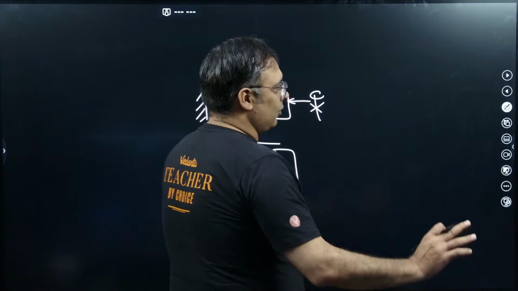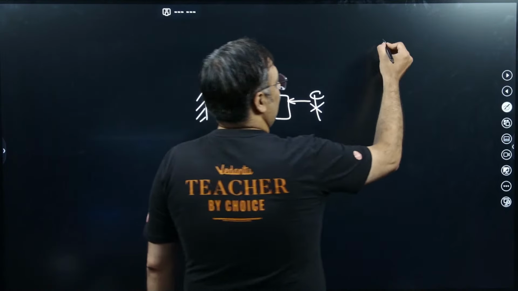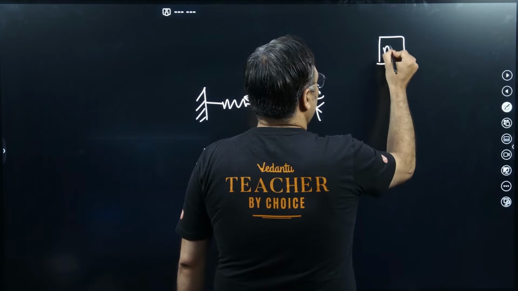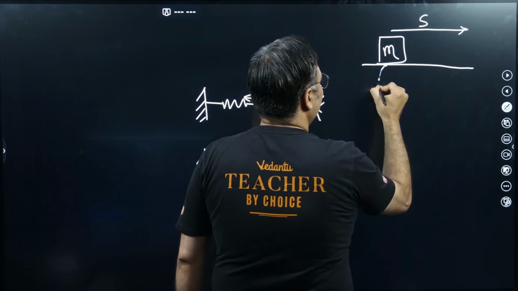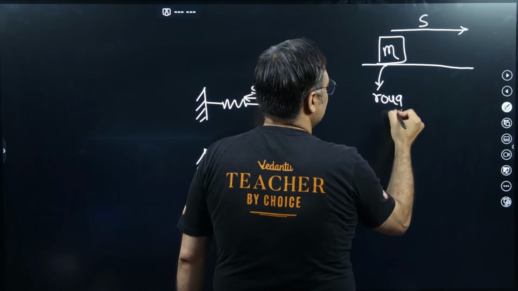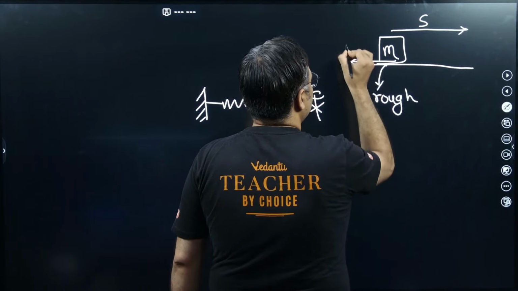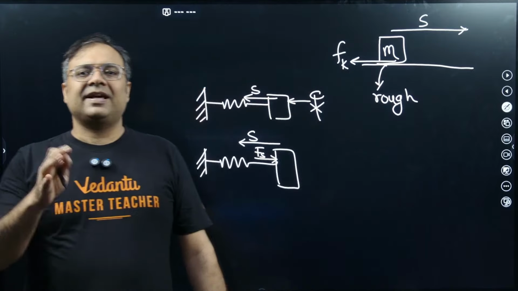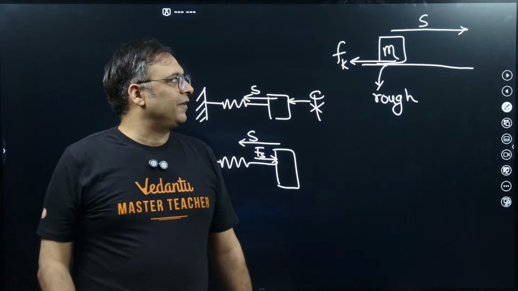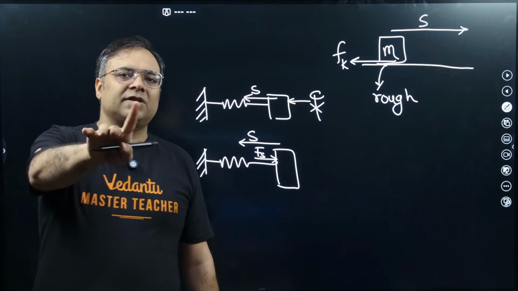Just to ask you if you have understood this or not, can you tell me, if this block goes from here to here and this is a rough surface, and as a result there is a kinetic friction Fk acting on this, is the work done by friction on the block positive or negative?